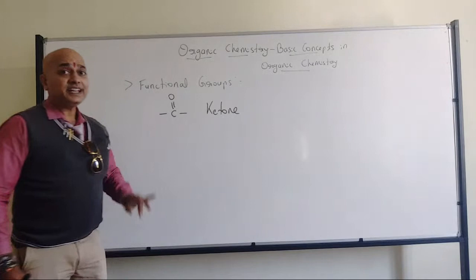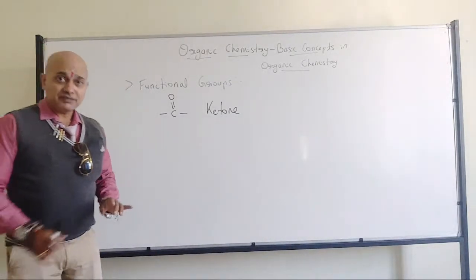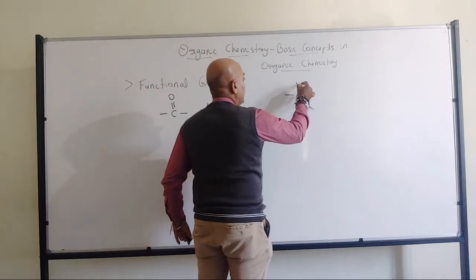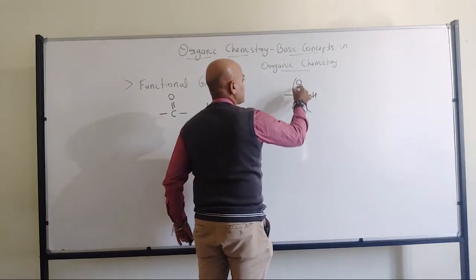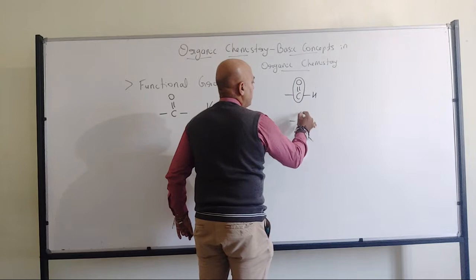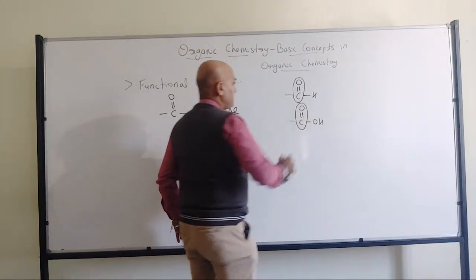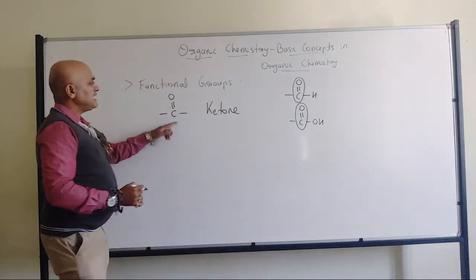This is called ketone. Now many students get confused: sir, in aldehyde also we have this particular structure, in carboxylic acid also we have this structure, and here also we have the same structure.